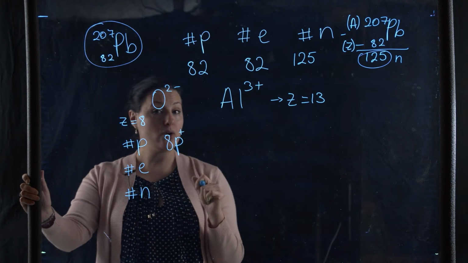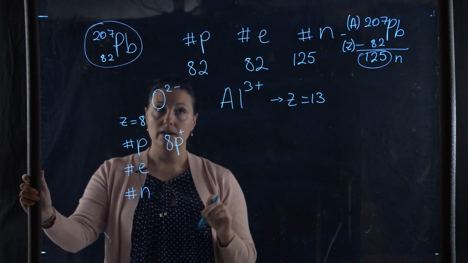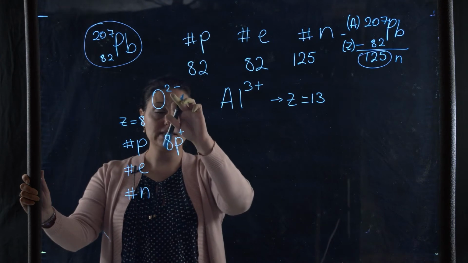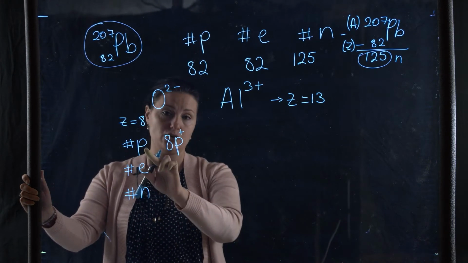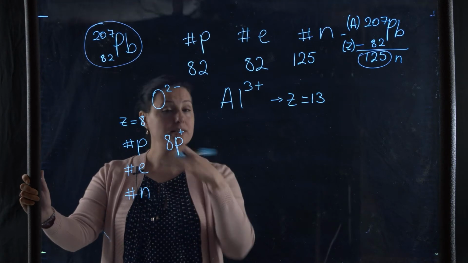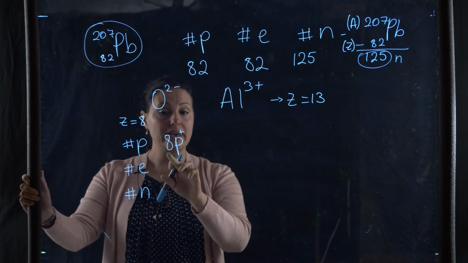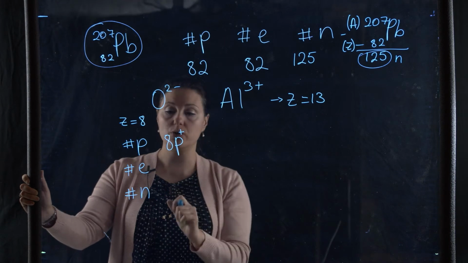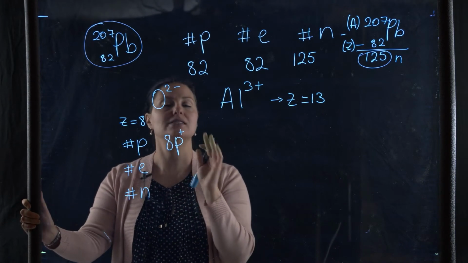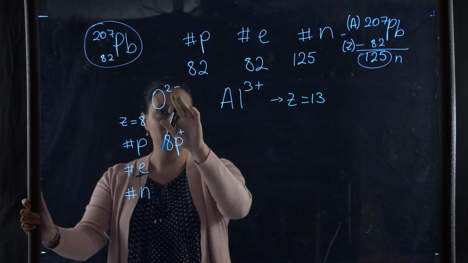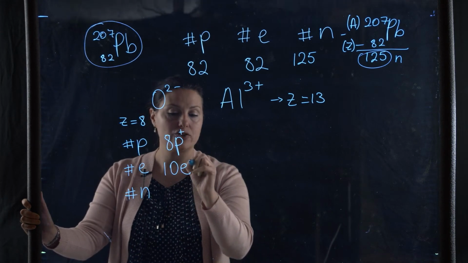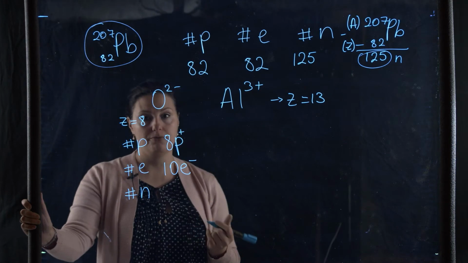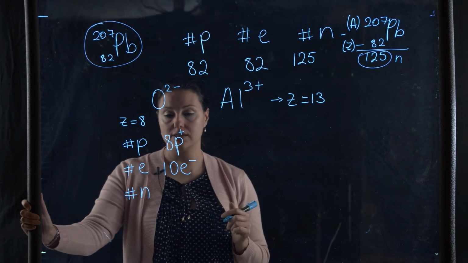Because now it is not a neutral atom, it is a negative ion. The negative here tells me I have more electrons than I do protons, and the number tells me how many more. I start with 8 protons, but I have 2 more electrons, which means that I will have 10 electrons for the ion of oxygen.